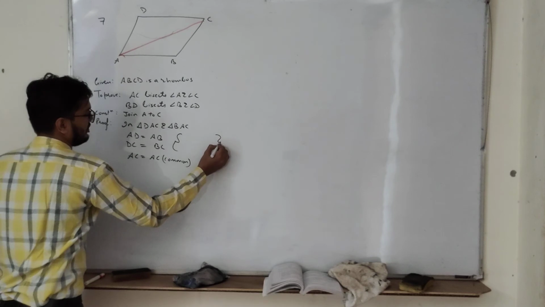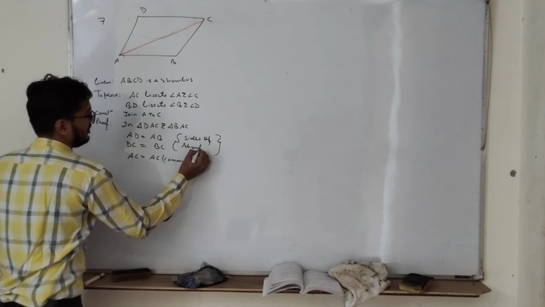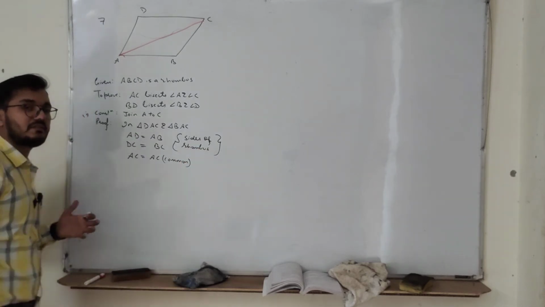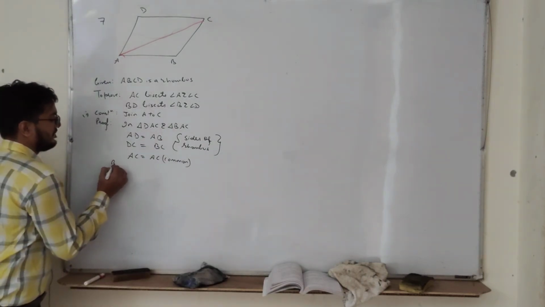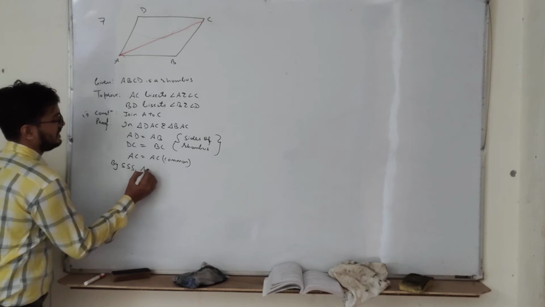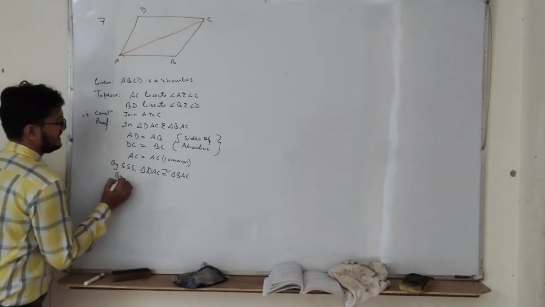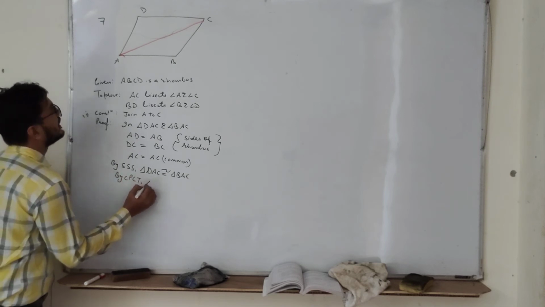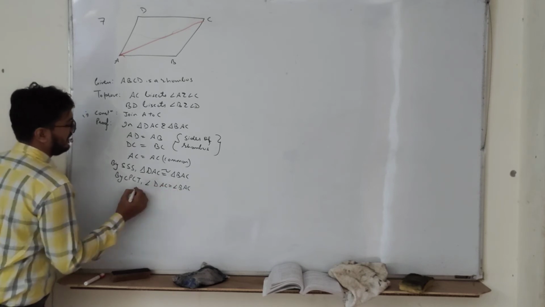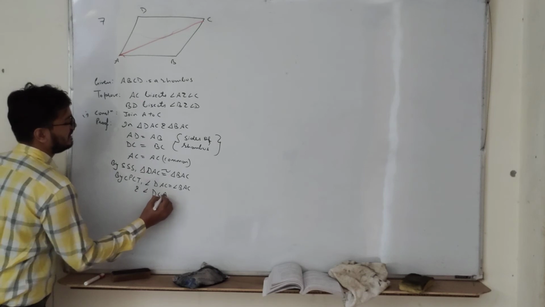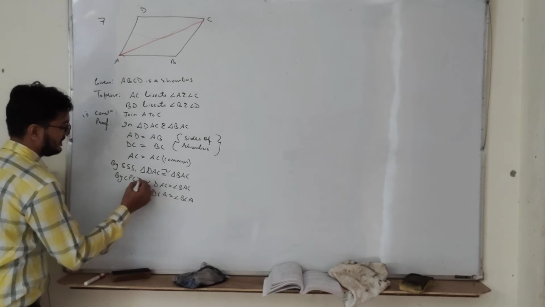These are sides of a rhombus. Sides of a rhombus are equal. A rhombus is a quadrilateral in which all four sides are equal, right? So by SSS, triangle DAC is congruent to triangle BAC. So by CPCT, angle DAC is equal to angle BAC and angle DCA is equal to angle BCA. This is the first part we have proved.